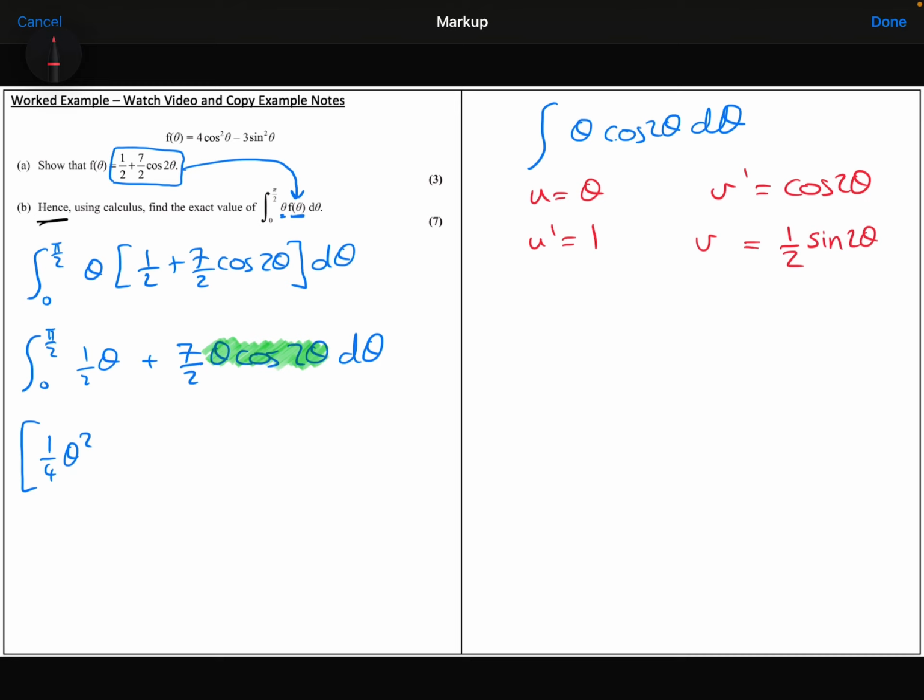So applying the integration by parts formula, I have u times v minus the integral of u dash times v.